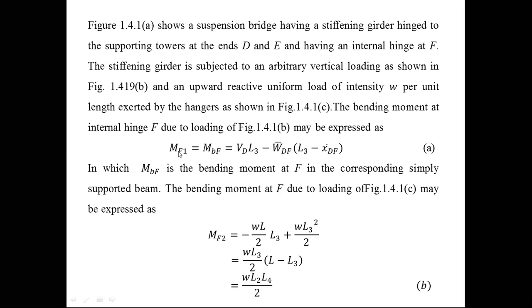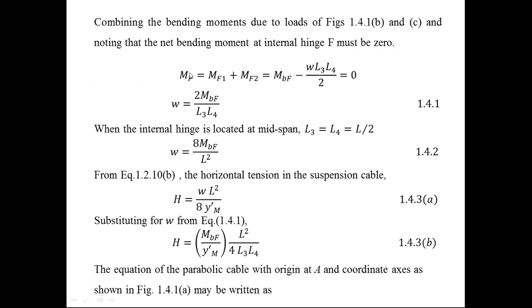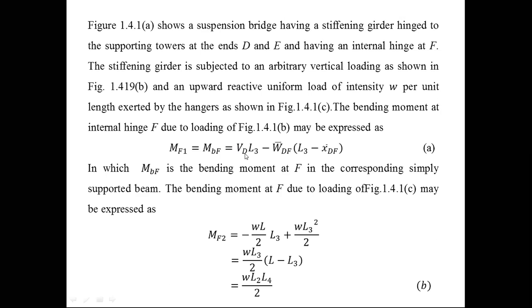So the total bending moment on the stiffening girder is MF1 plus MF2, equal to 0, because the third hinge at F will not offer any bending moment. Therefore M at F equals MF1 plus MF2, that is VD L3 minus W bar DF into L3 minus X bar, written as MBF, because MBF is the bending moment corresponding to the simply supported beam subjected to gravity load.